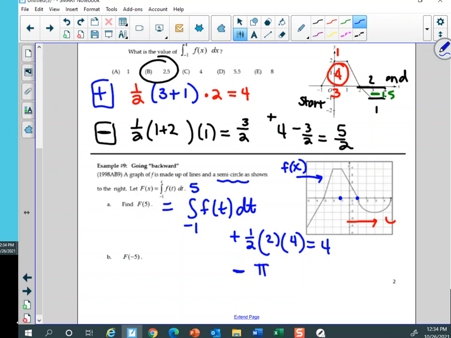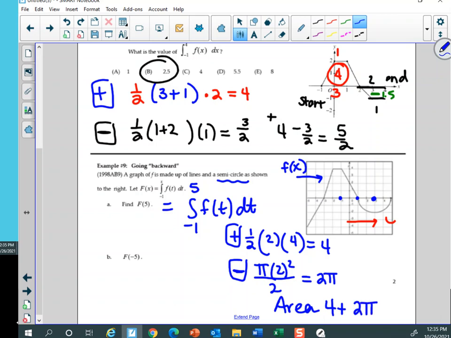So pi, if this is half of a circle, that would be the center of the circle. So pi r squared divided by 2. So the positive piece, the negative piece. So my area is 4 plus, actually, I lied.